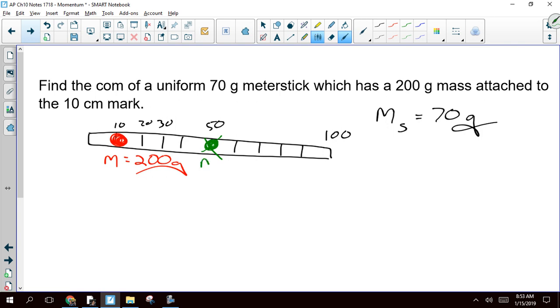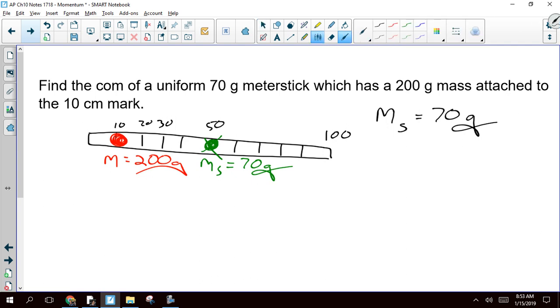So the mass of the stick is 70 grams, because it's uniform. We're basically treating the meter stick as a particle located at the 50 centimeter mark, and then you've got this 200 gram mass at the 10 centimeter mark.